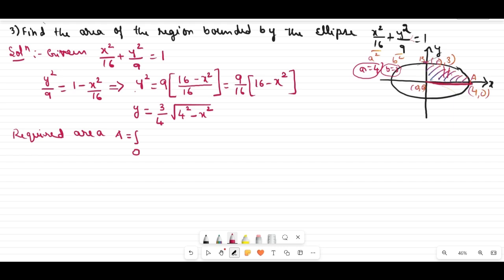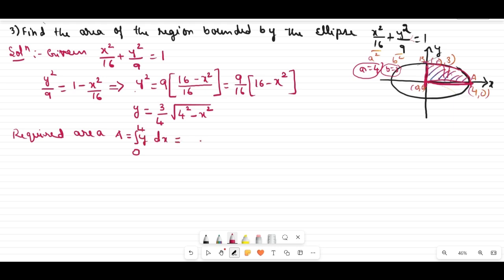The length of the major axis is 4, from here to here the distance is 4, and the curve is this ellipse curve. The first point of the curve is at 0 and the last point is at 4. So the limit is from 0 to 4, y into dx.